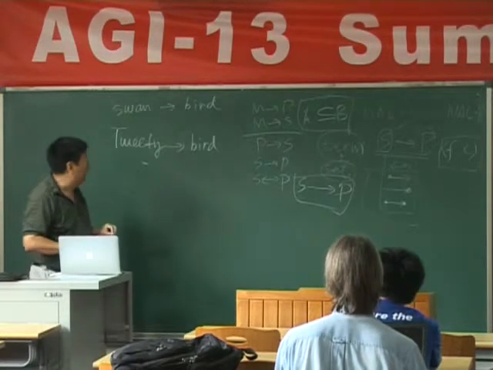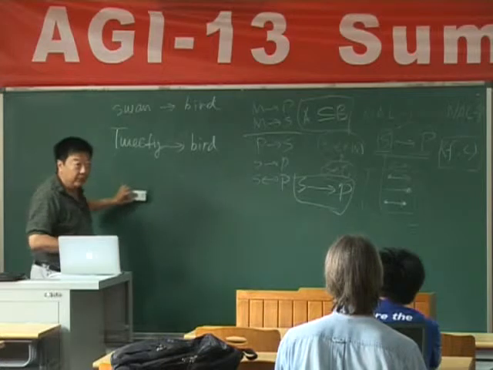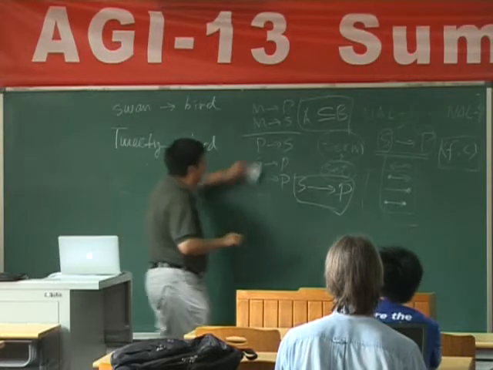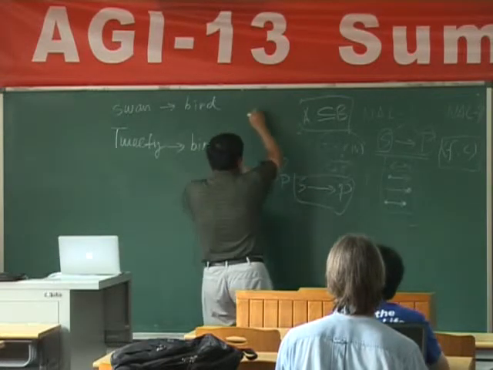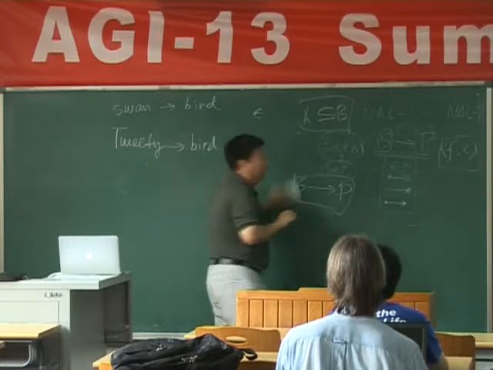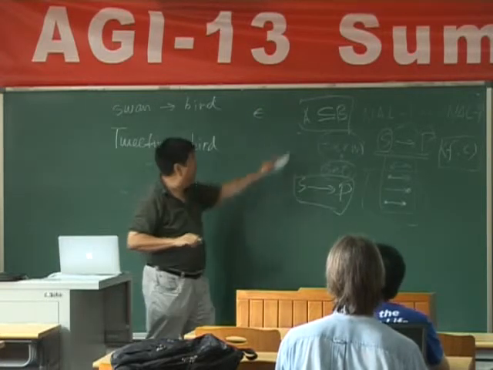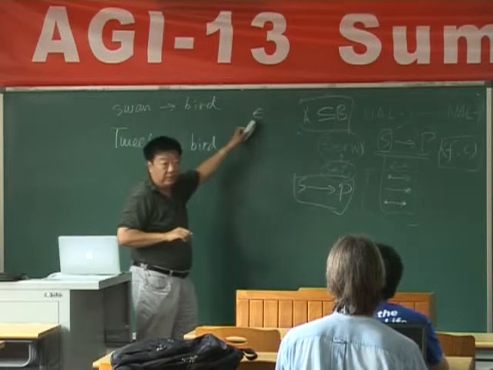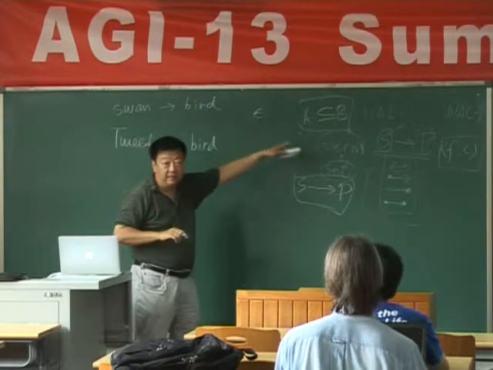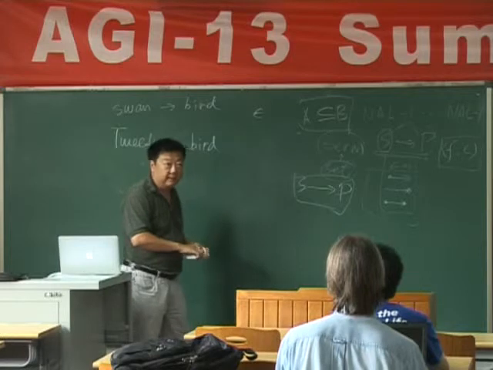Okay. So in set theory, you know that this one is introduced as fundamental. This one is defined using this one, right? What is a subset? Check your set theory textbook.